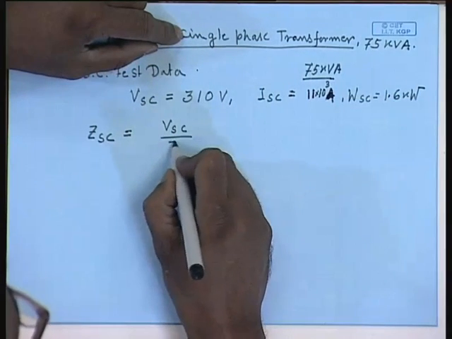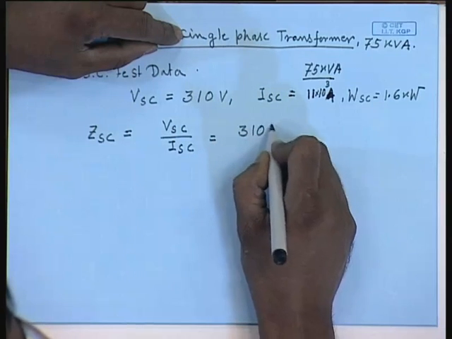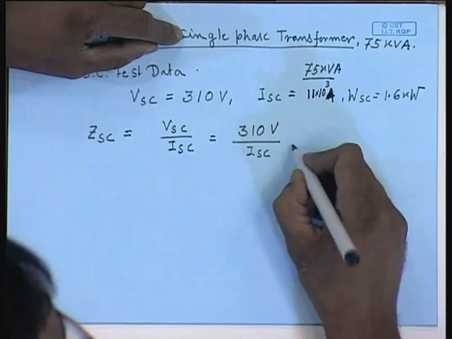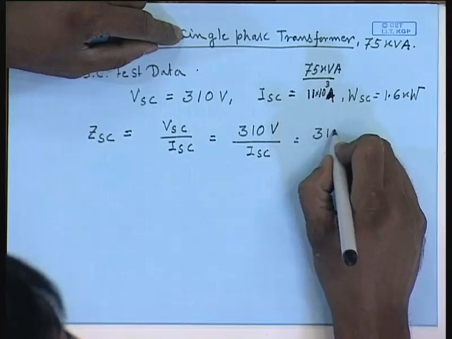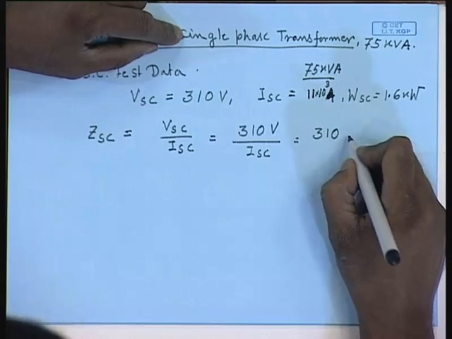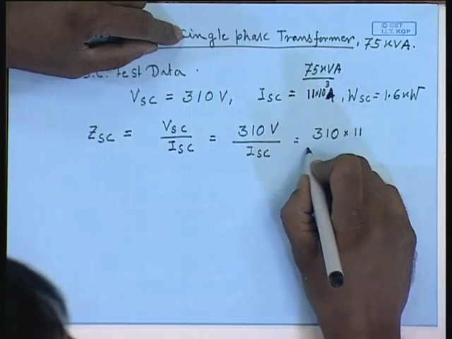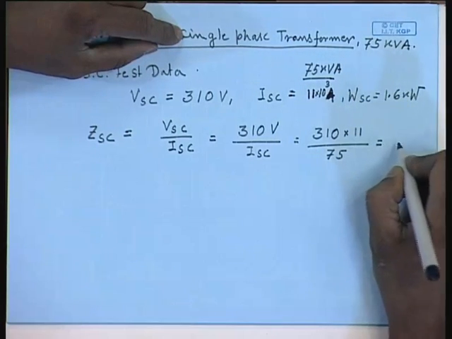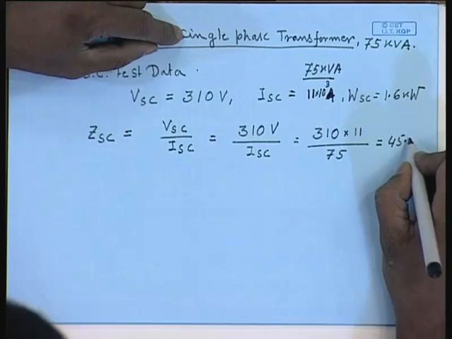So, VSC by ISC equal to 310 volts divided by ISC, which is 45.47 ohm.